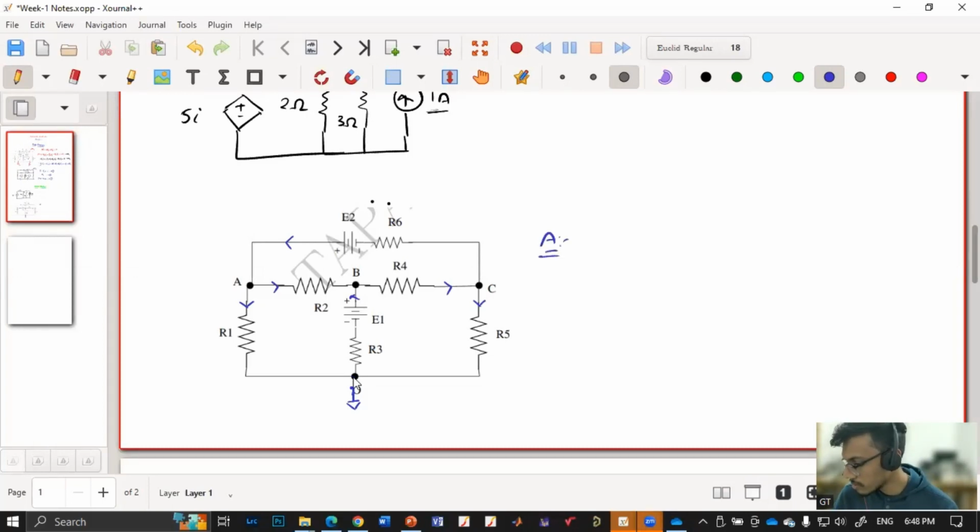So node A. Sir, can you please explain briefly about what is a branch, node, and loop? Okay. So node is like a junction. So node is a junction of three such branches. So like, let me use a different color. So this is a branch.